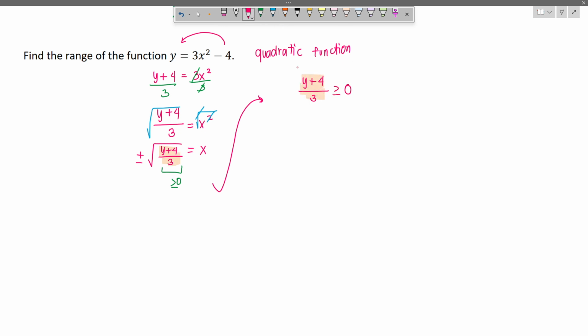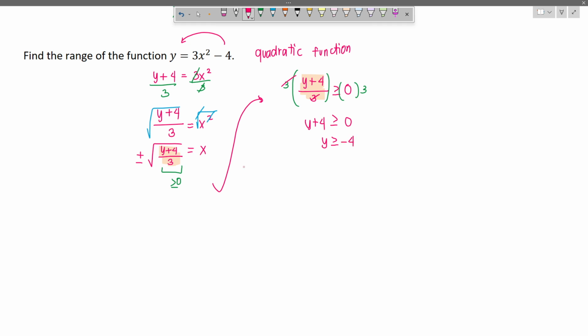And then from here, you need to solve for y. Multiply both sides by 3. So we get y + 4, this cancels out, and then we have 0. Solve for y: 0 minus 4, that's negative 4.